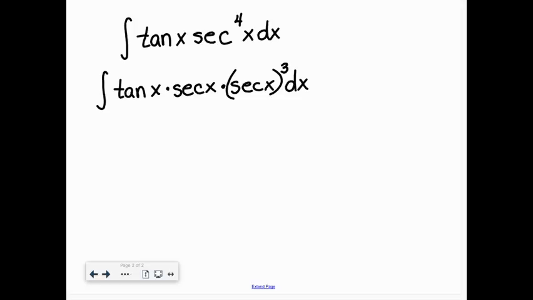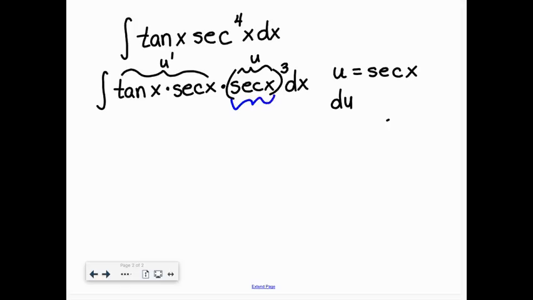So here's my u, and here's my u prime. Okay, so I'm going to choose u to be the secant of x. Okay. My derivative, so I've accounted for this right now, so that becomes u cubed. I still need to account for the tangent of x, secant of x, and the dx.